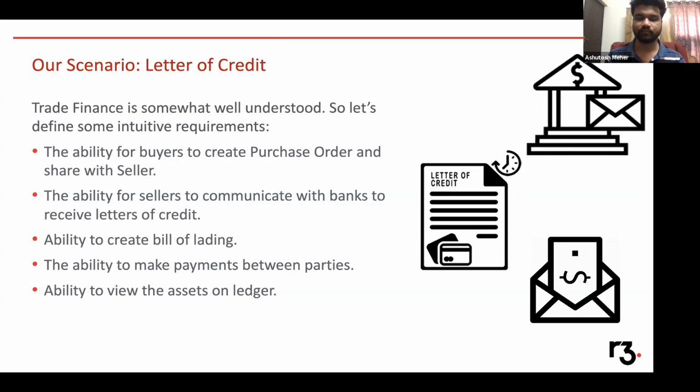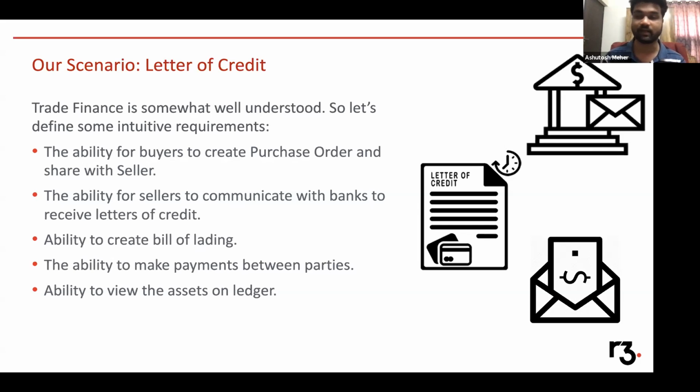So basically, before I run through each of these different requirements, I'll try and explain what a letter of credit is, right? Every time a buyer and a seller come into a trade, they do not exchange the goods and the payments on their own.